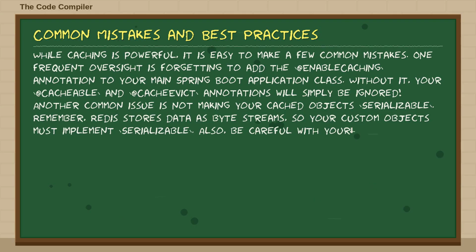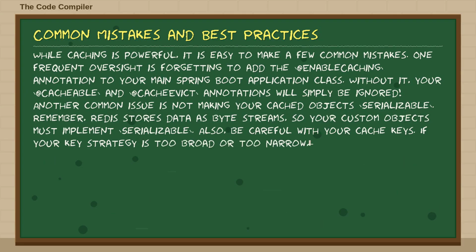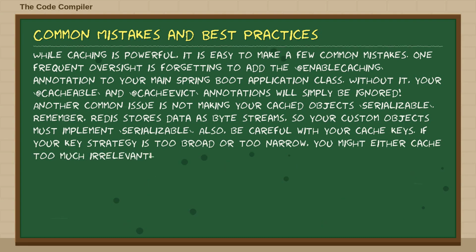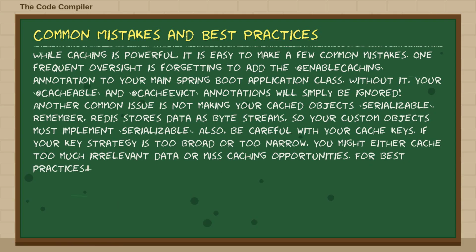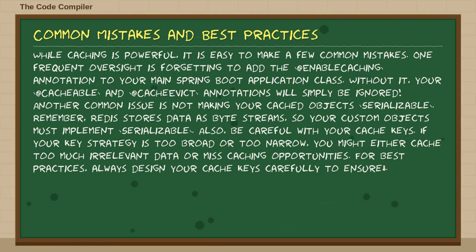Also, be careful with your cache keys. If your key strategy is too broad or too narrow, you might either cache too much irrelevant data or miss caching opportunities. For best practices, always design your cache keys carefully to ensure uniqueness and relevance.